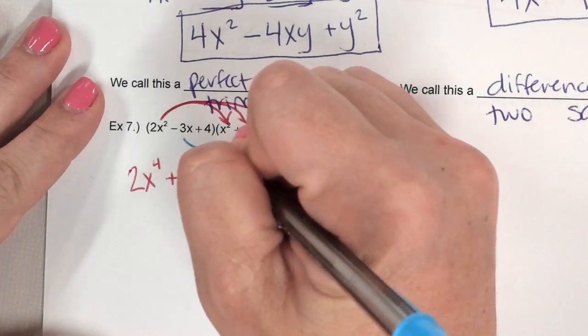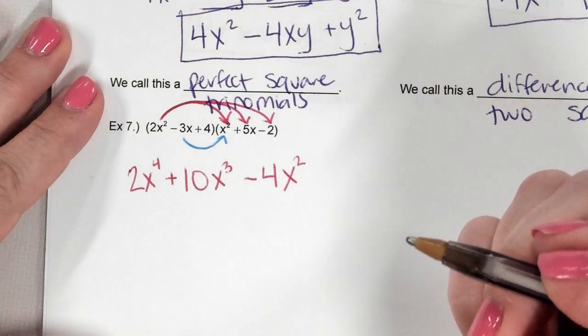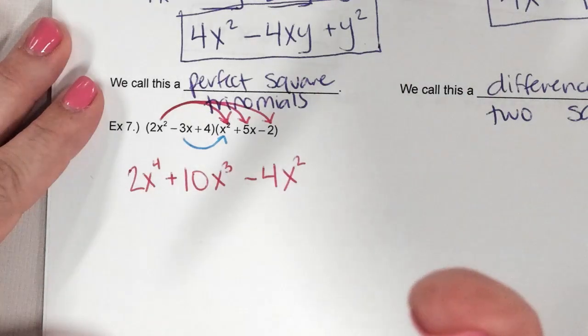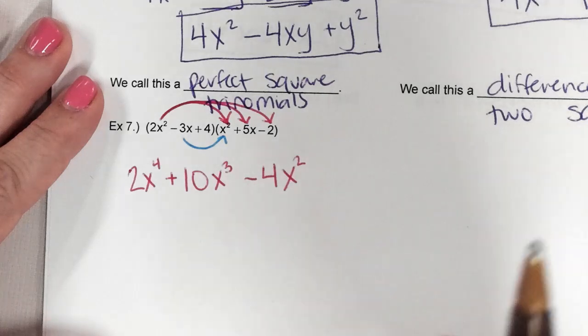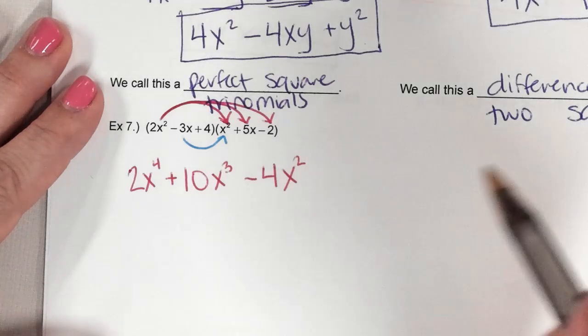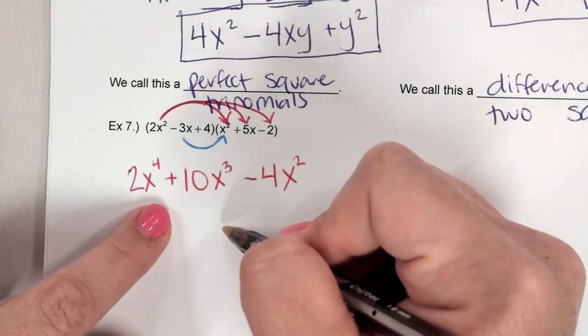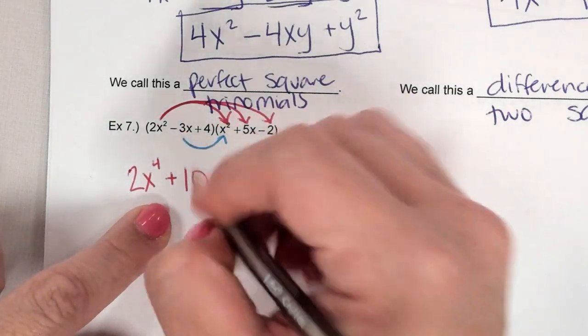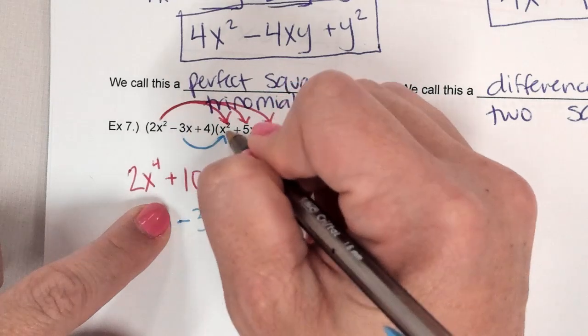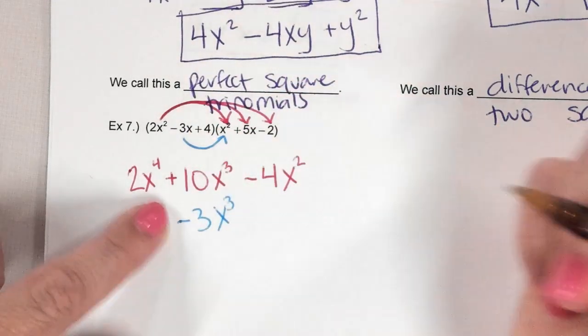Okay, so now we're going to do that middle term, that negative 3x. So what's negative 3x times x squared? Don't write anything yet. Is negative 3x cubed, right? So we're going to line it up with the cubed. So negative 3 times 1 is negative 3, and x times x squared is x cubed.